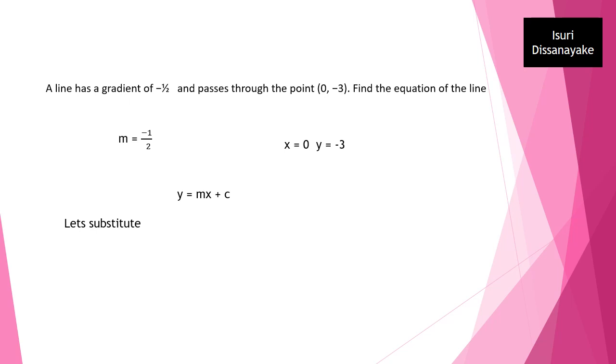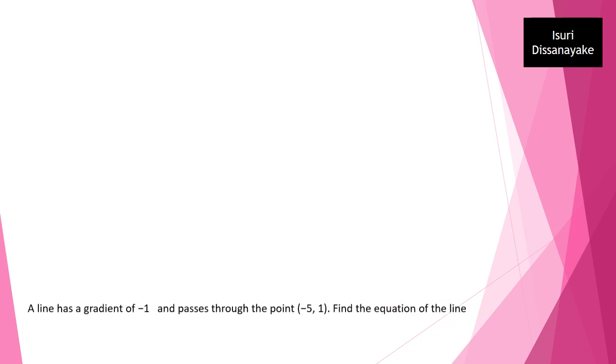Let's substitute the values. So it is y is minus 3, m is minus half times 0 plus c. So the c value here is minus 3. Knowing m and c, we are going to substitute them into the equation and write down the equation of the straight line as y equals minus half x minus 3.